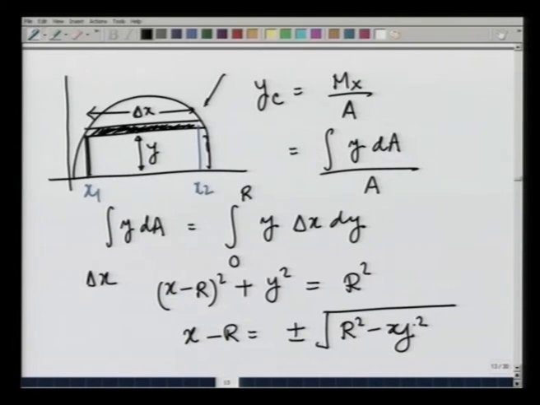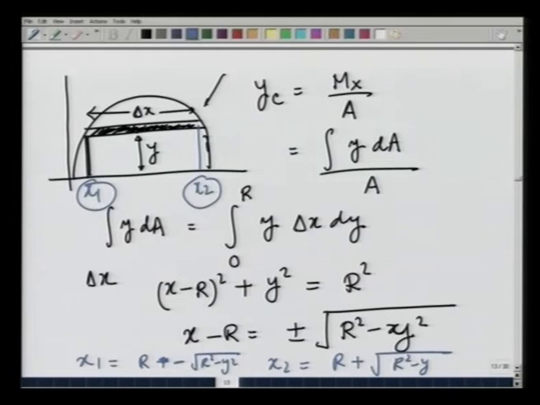I get two values of x, namely x 1, which I have shown here, equals r minus the square root of r square minus y square, and x 2, which I have shown here, which is equal to r plus the square root of r square minus y square. And therefore, delta x, again let me make this figure.